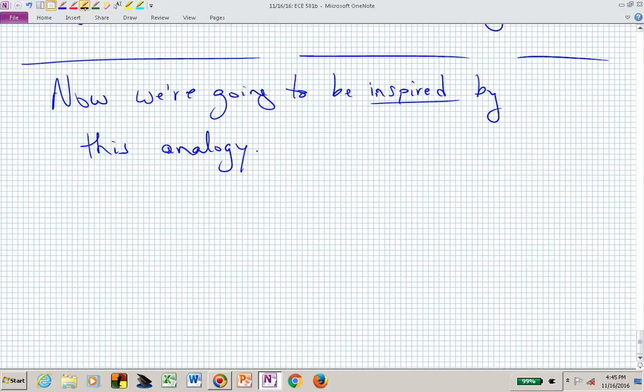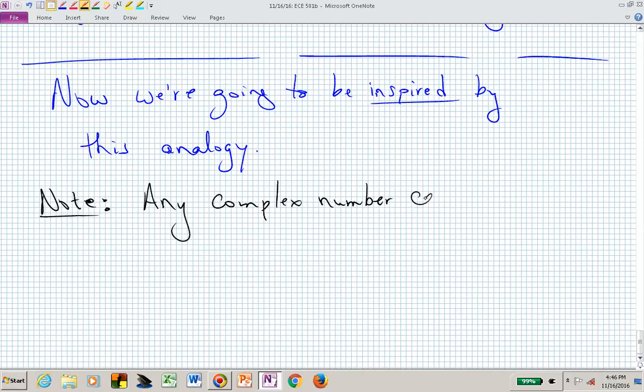And what we want to now play off of is the fact that every complex number, or any complex number, can be expressed in polar form.